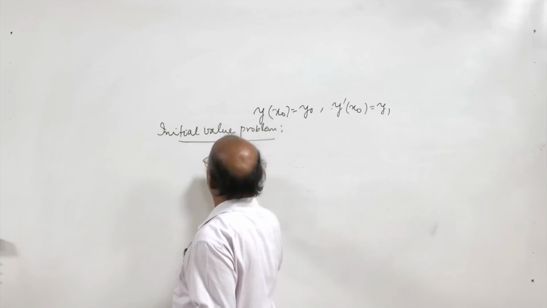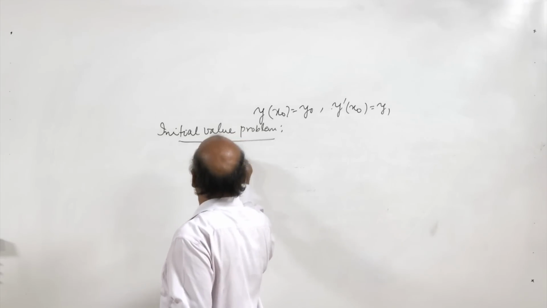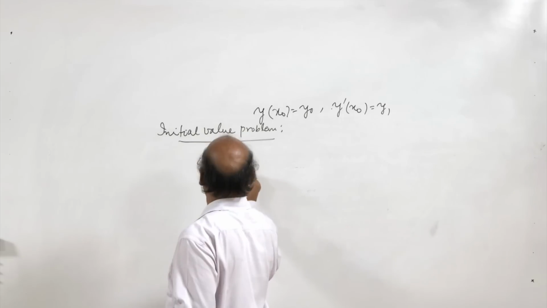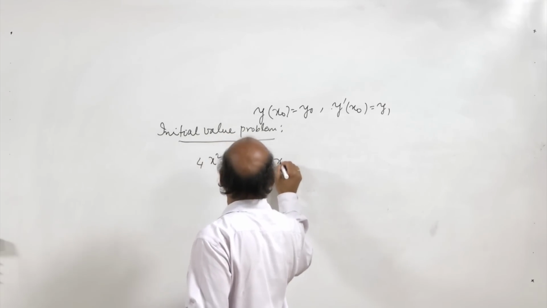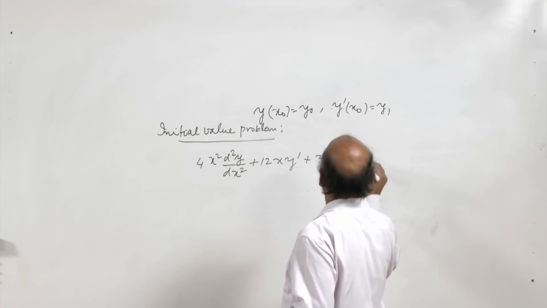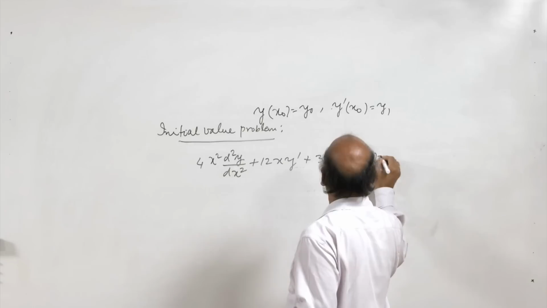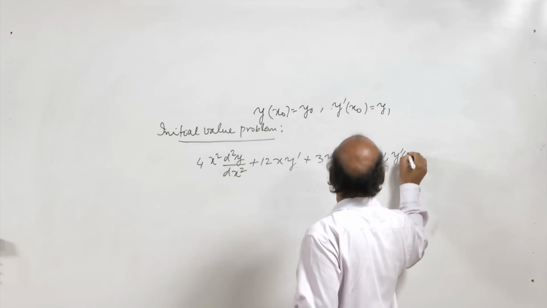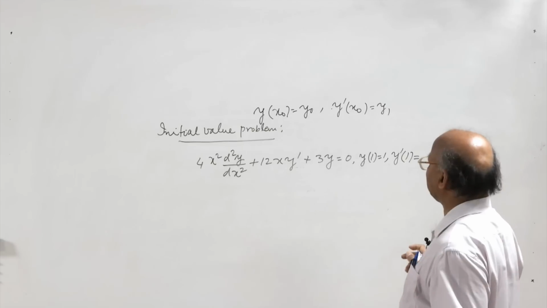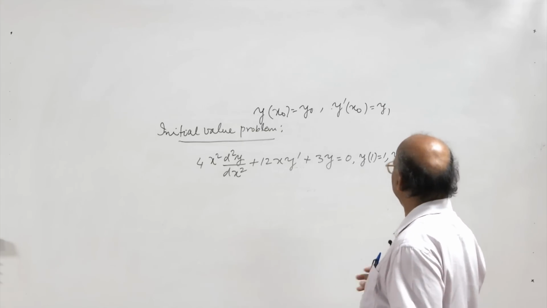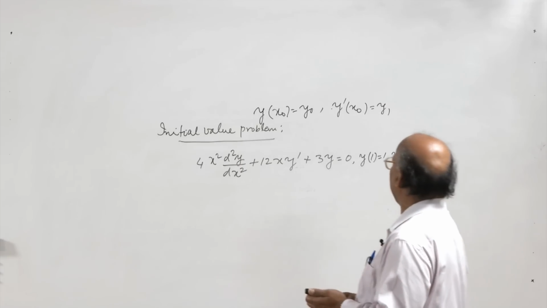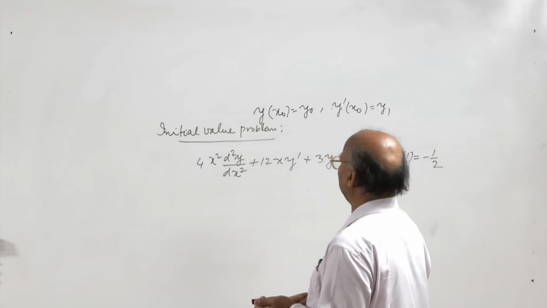So, for example, we can have x^2 d^2y/dx^2 + 12x y' + 3y = 0, where y(1) = 1 and y'(1) = -1/2. This is a second order differential equation and we are given 2 initial conditions at the point x equal to 1. So, it is an initial value problem.